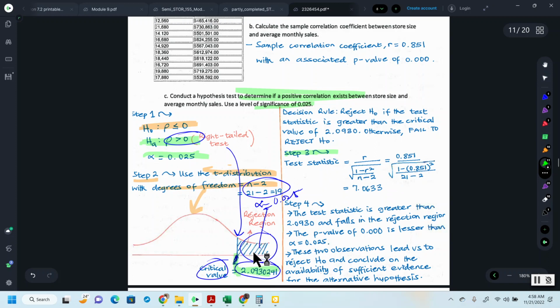So whether you use the test statistic versus the critical value, or you use the principle of p-value less than alpha, less than 0.025, we still end up with this correct decision. And that is, these two observations lead us to reject the null hypothesis. So we're rejecting this, and we're concluding on the alternative that there is a positive correlation between store size and average monthly sales.